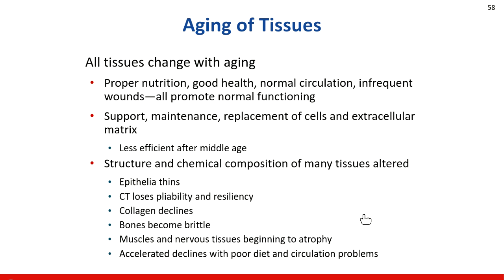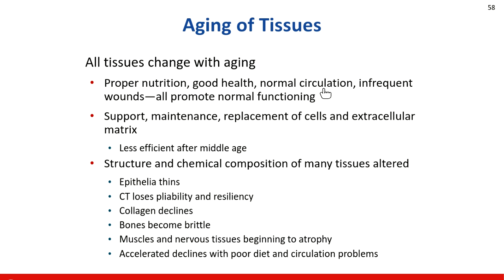So when we're younger, or if you are actually one of those people of the older persuasion like myself, but who likes to take good care of themselves through proper nutrition, maybe exercise, the results of exercise and good nutrition will help with normal circulation.